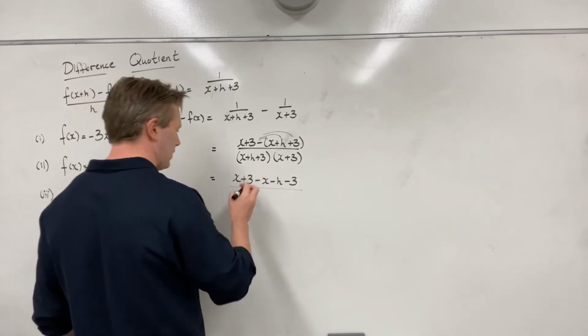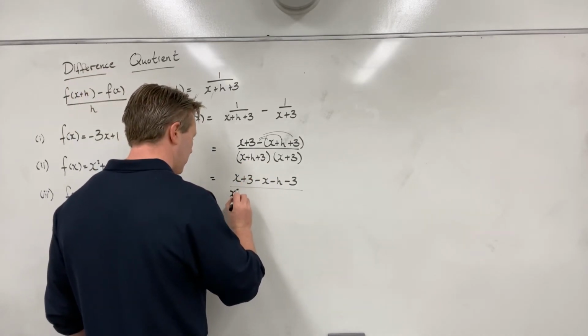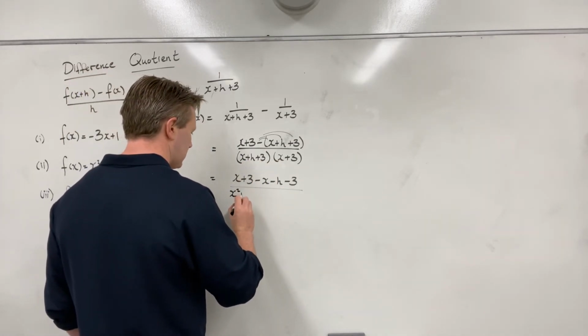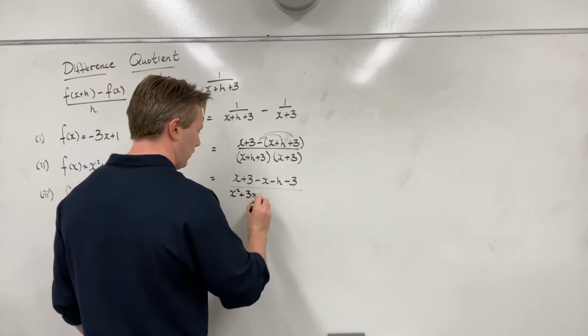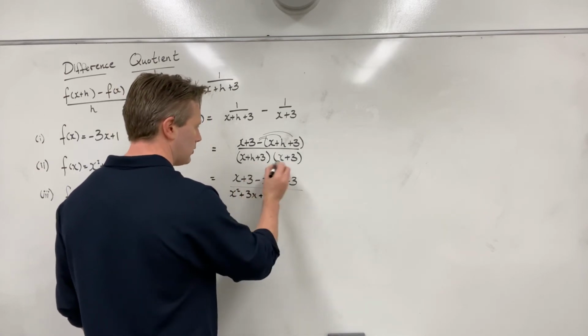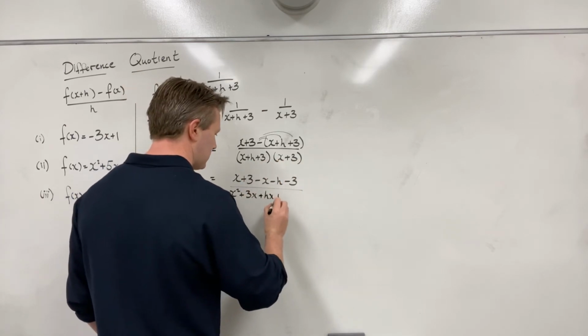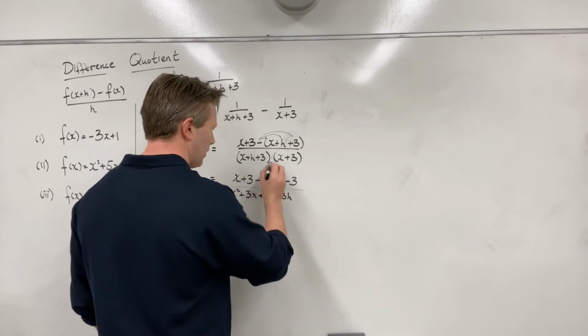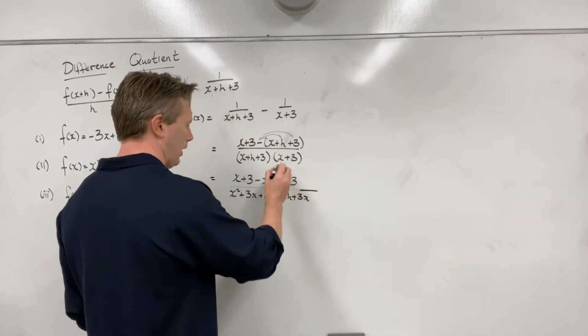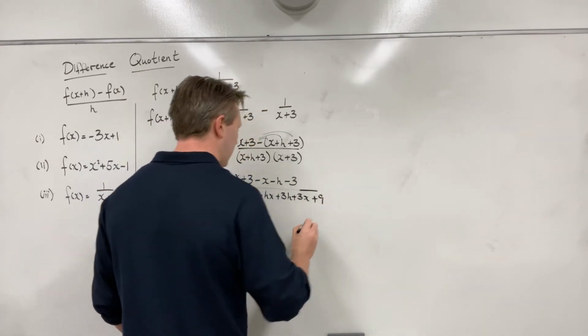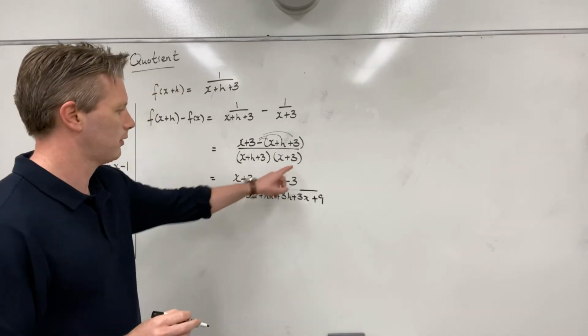I will have x times x, that's x squared. X times 3 is plus 3x. Here I have plus hx, h times x, plus h times 3 is 3h, plus 3x, and finally plus 9.